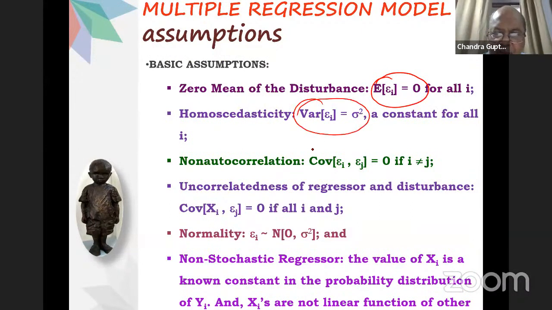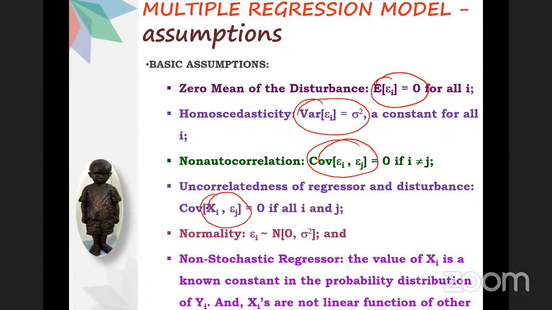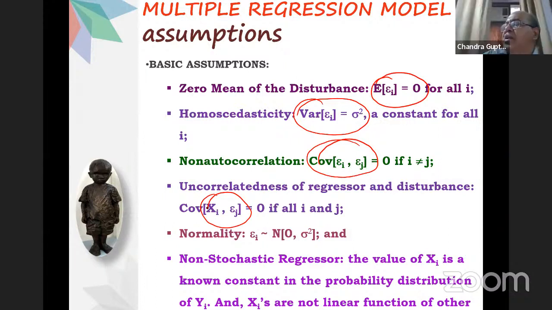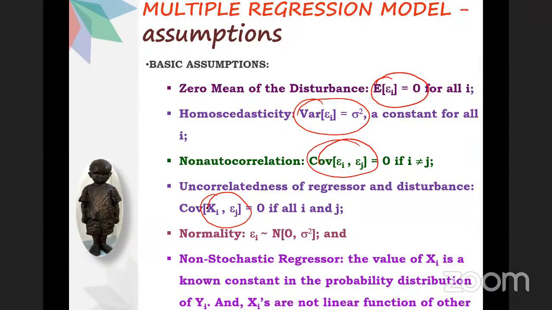We are still assuming that error terms are not correlated. We are still assuming that x and the error term are not correlated. We are assuming that the error term follows a normal probability distribution. We are assuming that all x's are given to us and there is no high degree of correlation between x's. So these are the assumptions which we are making for our regression model.